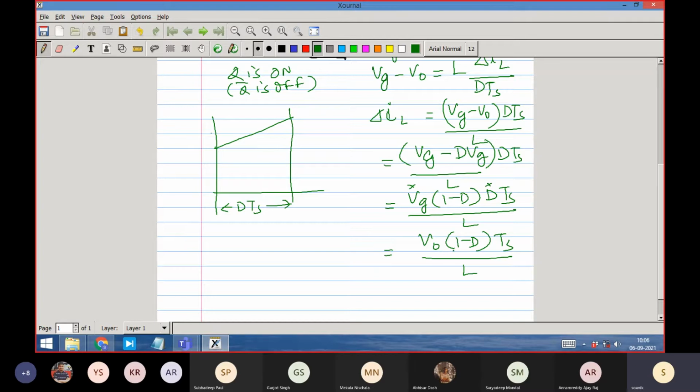The slope is nothing but Vg minus V naught by L. That is the slope of the current. You can also write it as Vg into 1 minus D by L. So this is the slope of the inductor current, right?